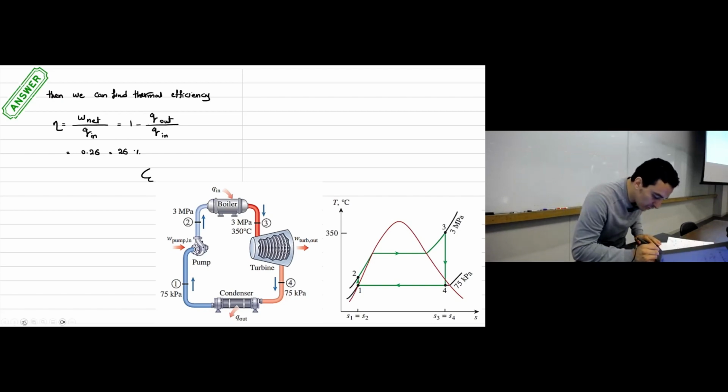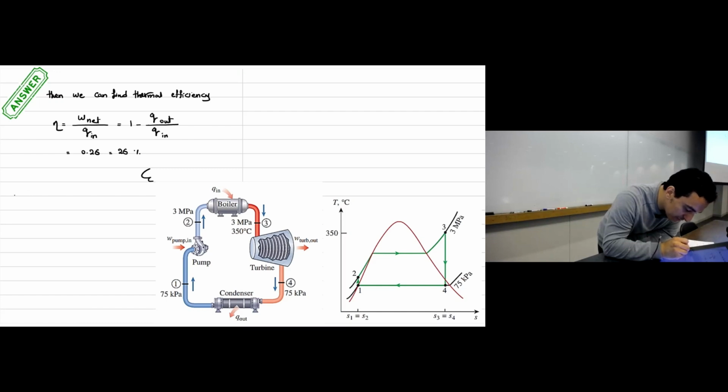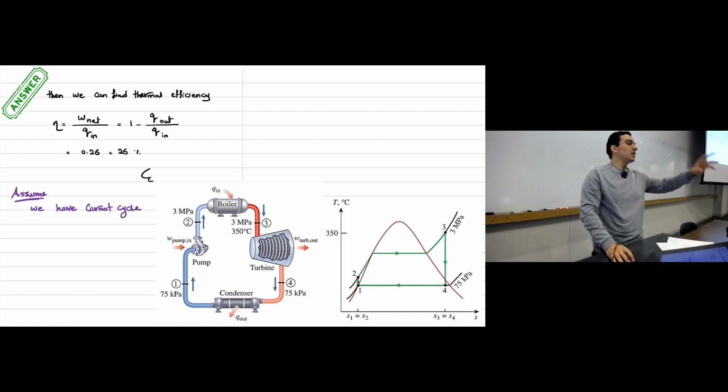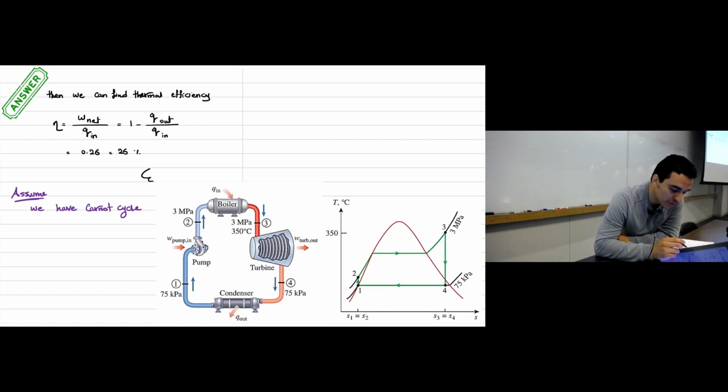So if in the same problem I told you, okay, can you compare this efficiency with what we can have if we have a Carnot cycle instead of the Rankine cycle? So here let's assume that we have Carnot cycle. So everything is reversible, the boiler and the condenser are isothermal, not isobaric, and the turbine and the pump are isentropic.